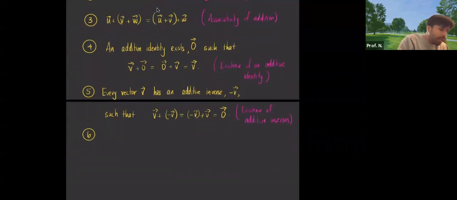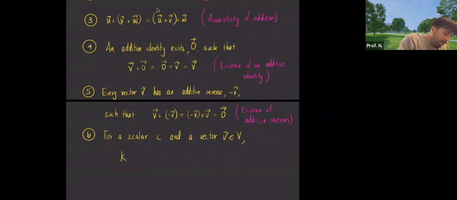Scalar multiplication now. So for a scalar C and a vector V in the set V, C times V is also in V. So this is the closure under scalar multiplication.